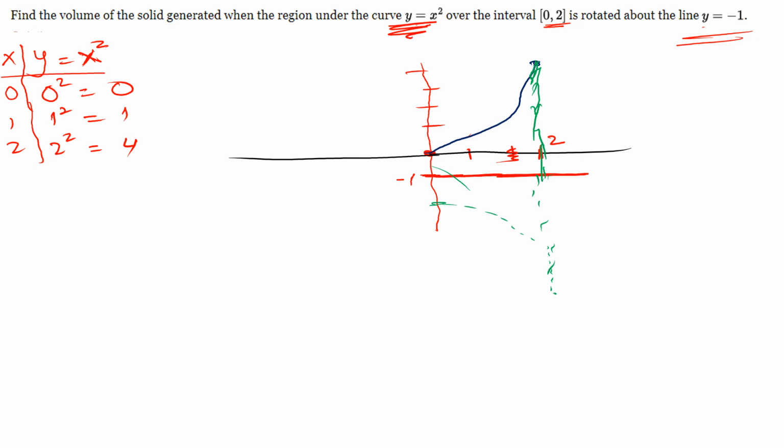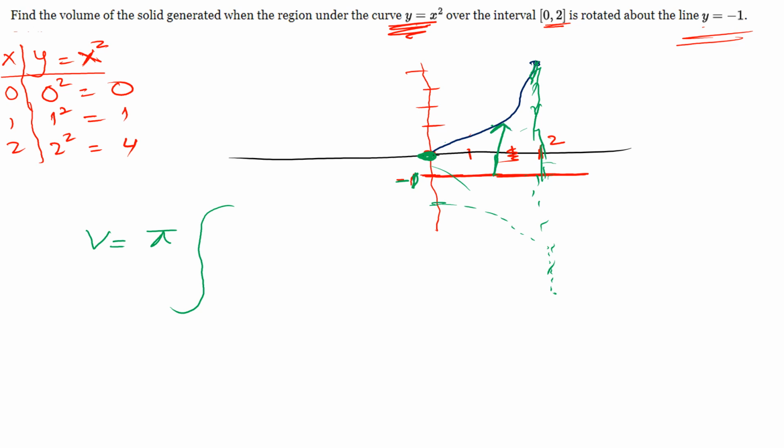Now understand how I can write this equation. How to write the volume equation? It is pi, and now I have to rotate it. My axis of rotation is not 0 or origin. My axis of rotation is from negative 1. Look at this: to go from down to up to this graph, I have to go like this.